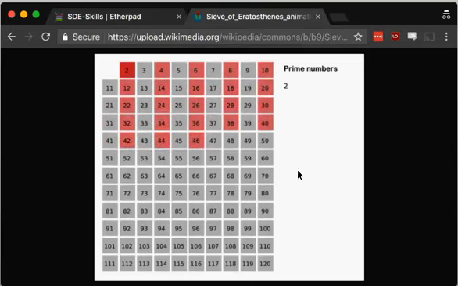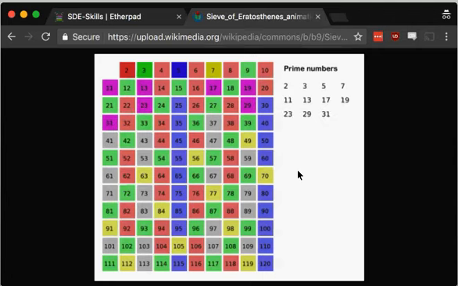So this is the method. If you start with 2, you mark out all the even numbers, like Kavit was saying. Then you start with 3 and mark out all the multiples of 3. Then you start with 5. Pick the next one, mark out all the multiples, and so on. It's a pretty fast way because you've eliminated most of the numbers anyway.